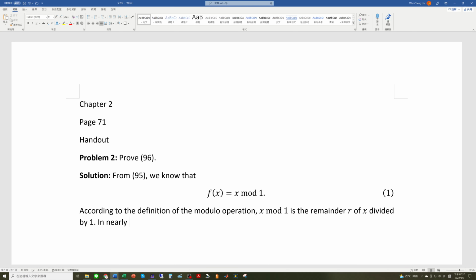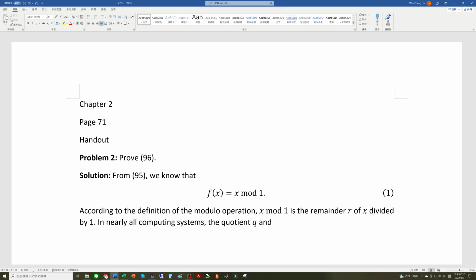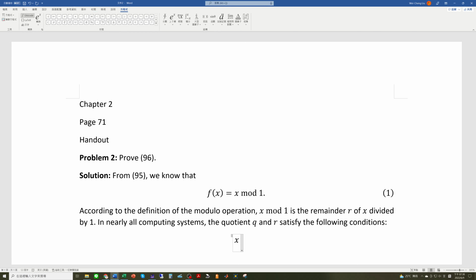In nearly all computing systems, the quotient Q and R satisfy the following conditions. x is equal to 1 times Q plus R. This is equation 2.